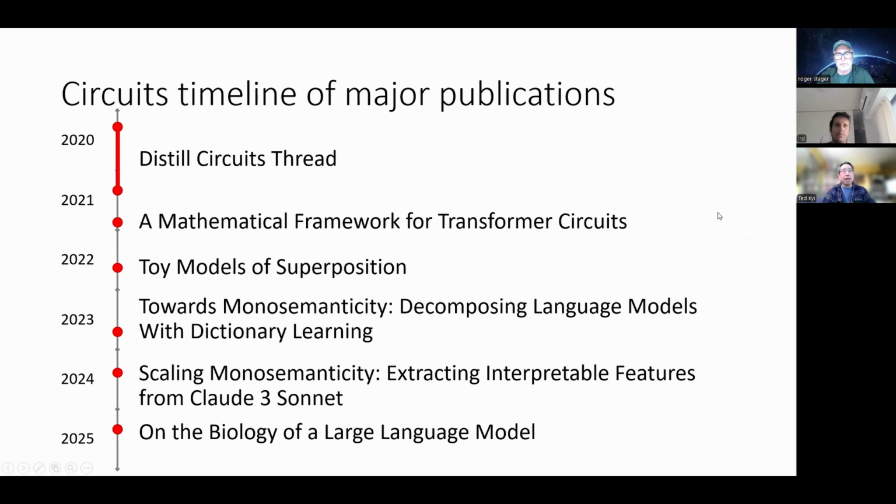All right, here's the timeline of the major publications. For about a year, there was this Distill circuits thread going on with individual releases. This is where a lot of what we today would say is the conventional wisdom about CNNs comes from: the lower layers identify smaller things like edges, vertical lines, horizontal lines.